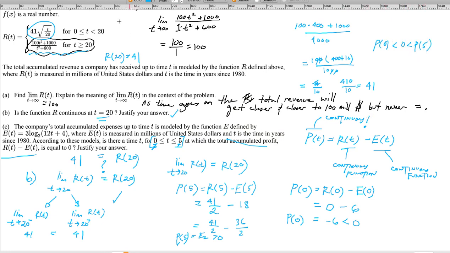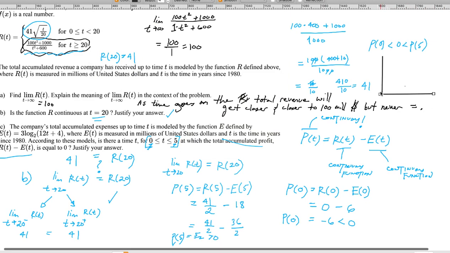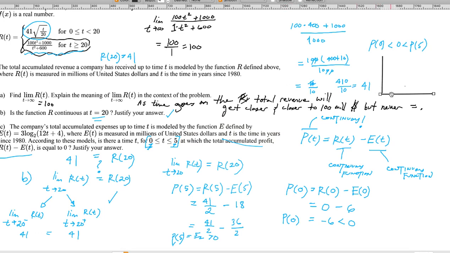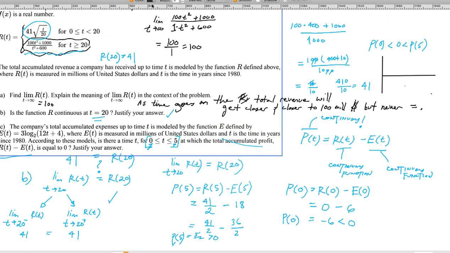Now, if you graph this to illustrate what the intermediate value theorem says and to see how it all makes sense, if I do this little sketch over here, let's do it in a different color. Or better, let's move it up so I have a negative value. And now let's change the color again. And you see p of 0 is some negative value. It's saying p of 0 is negative 6, so this is negative 6 over here.